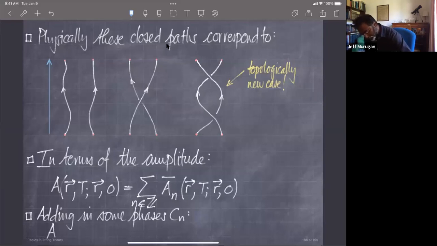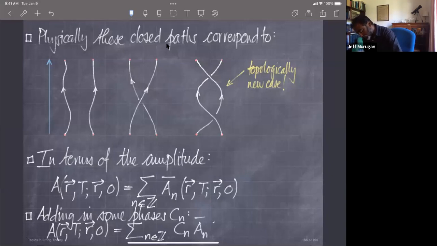We get that A of R, T, R naught is the sum over n in a set of integers of this Cn, A_n of R, T, R naught. Okay, so now we need to see what the possible restrictions on these Cn are.